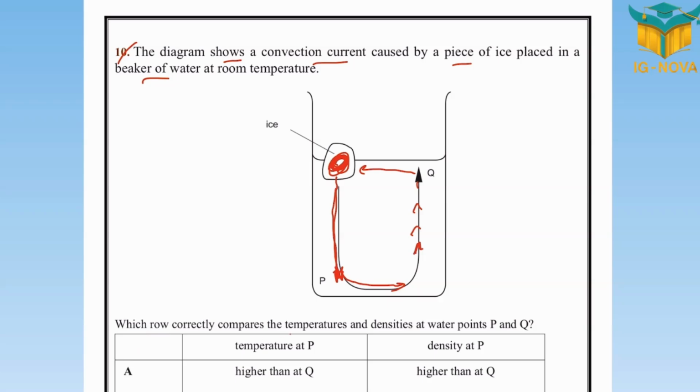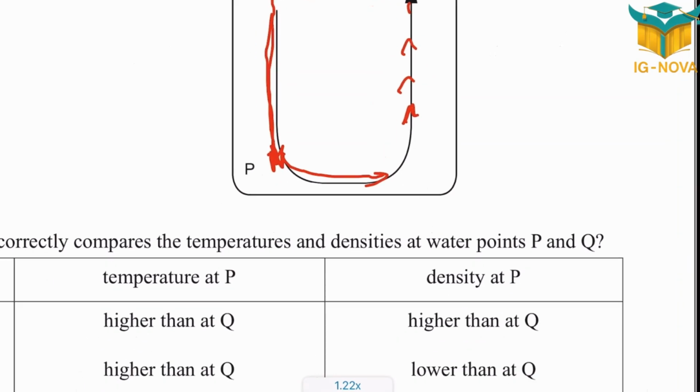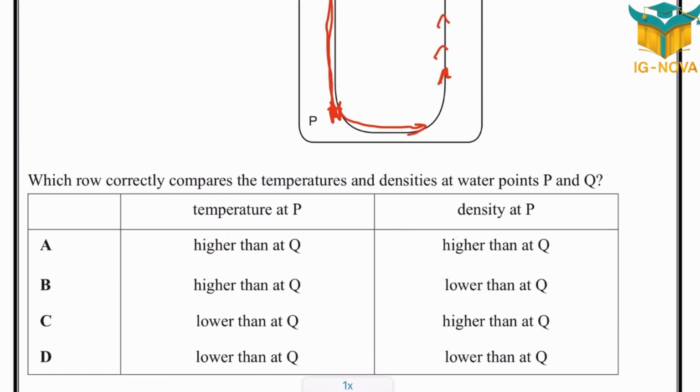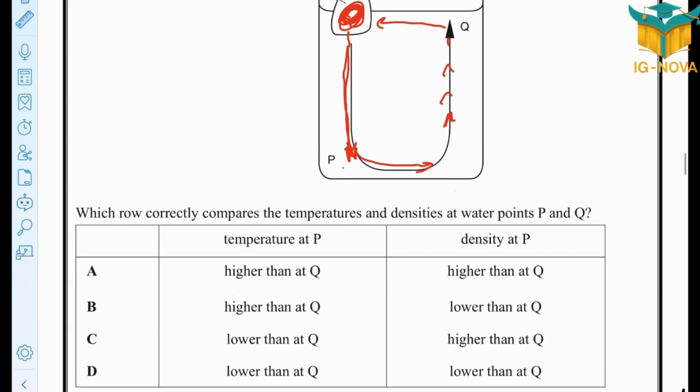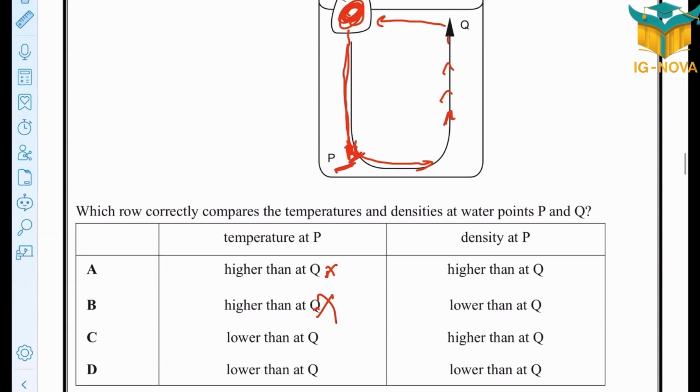So which row correctly compares the temperature and densities at water points P and Q? How to compare between temperature and density? A: temperature at P will be higher than Q. Absolutely, it's not A, because here first, it's denser.